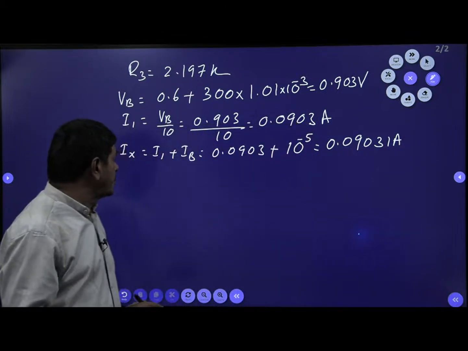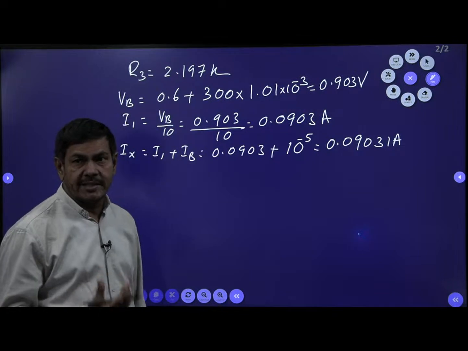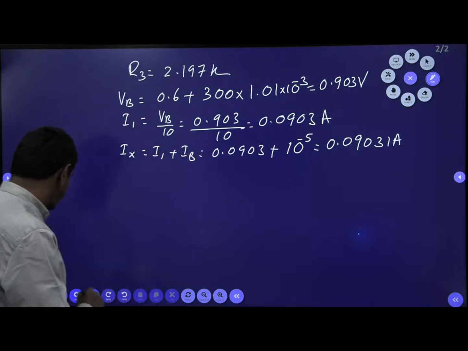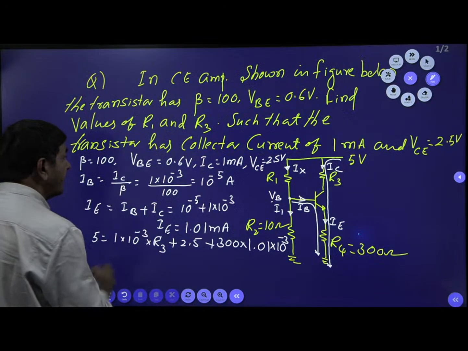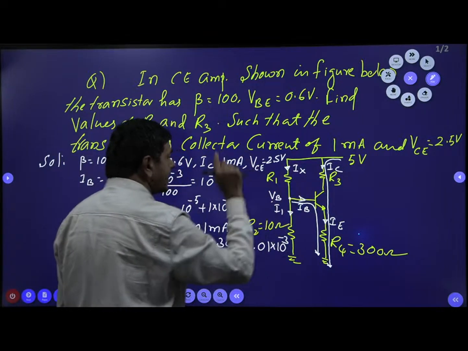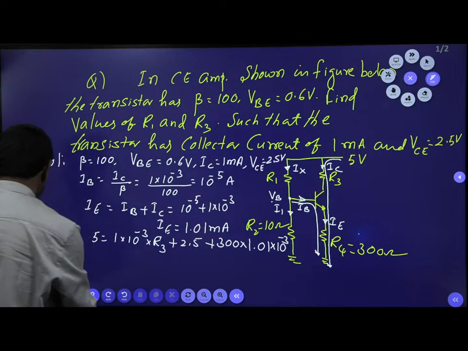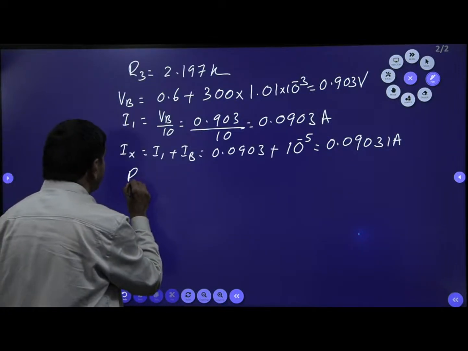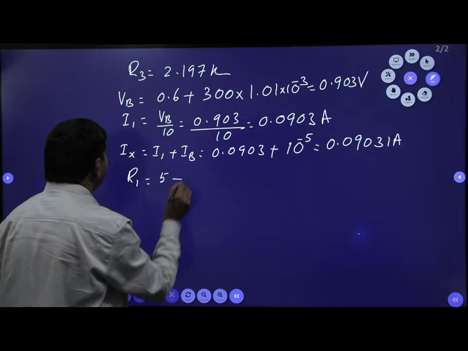Now we can use this Ix value to get the resistance. The resistance R1 equals 5 minus VB, divided by the current Ix.